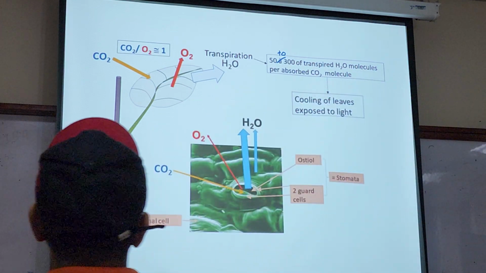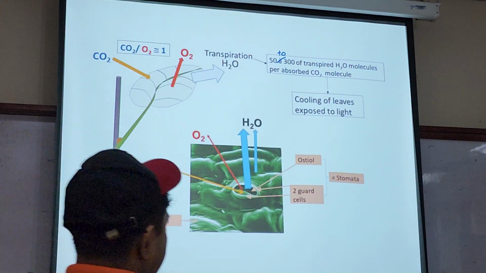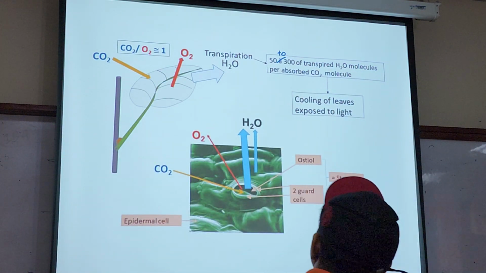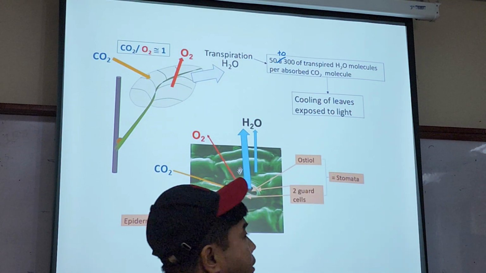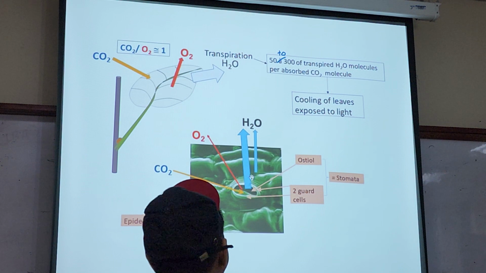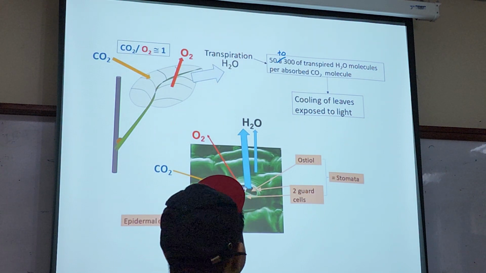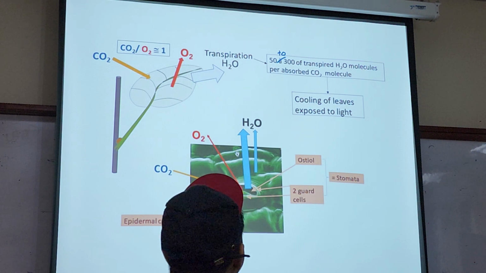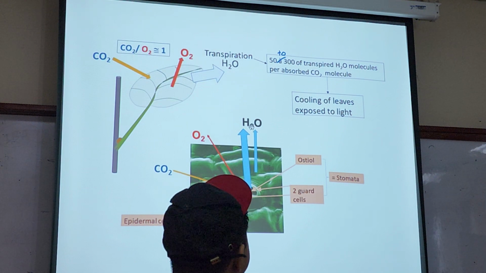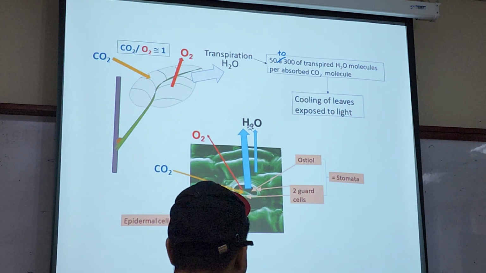So, what's this? This is the electron micrograph of a leaf surface. You got your, what's this? It's a stoma. Breathing in and out, oxygen, CO2, H2O in the form of gas.